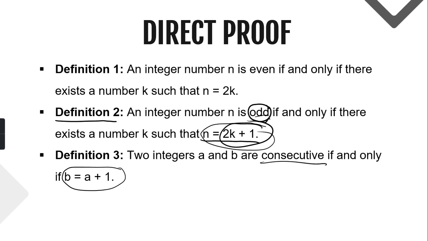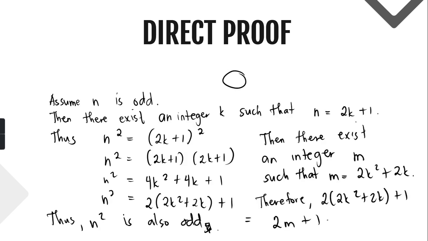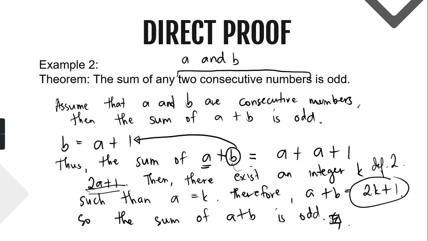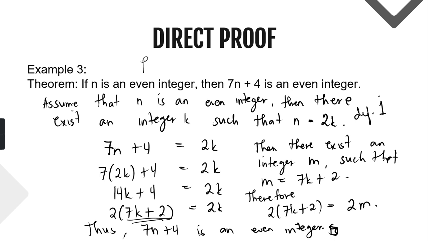Definition number 2, an integer number n is odd if and only if there exists a number k such that n is equal to 2k plus 1. And definition number 3, two integers a and b are consecutive if and only if b is equal to a plus 1.